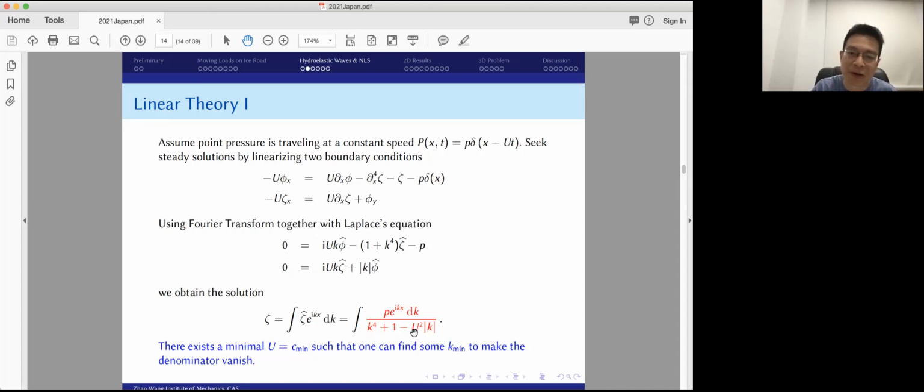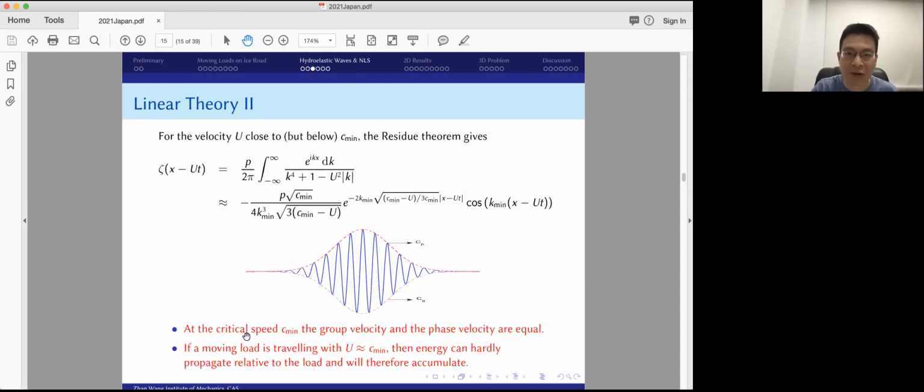And if u becomes large, then you will find some k such that the denominator becomes 0. And then you have to use the residue theorem. There must be a critical speed u, the smallest u, such that the denominator could become 0. And if the speed is close to the critical speed, then the displacement theta could be very large. Okay, so that's the linear theory.